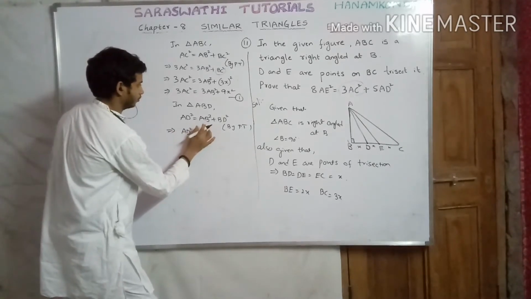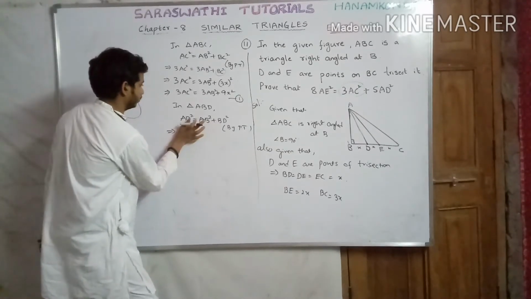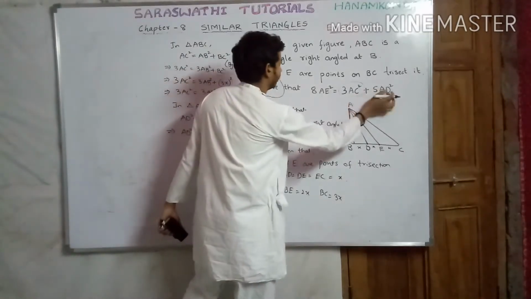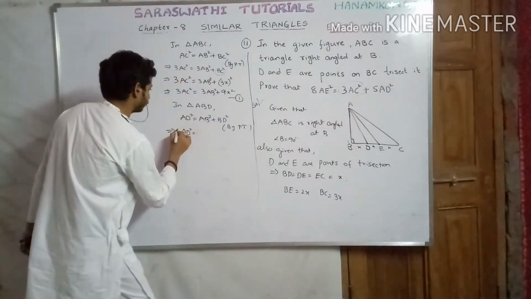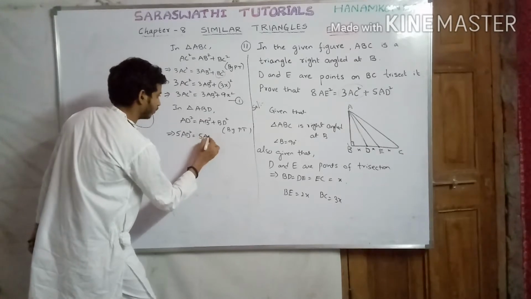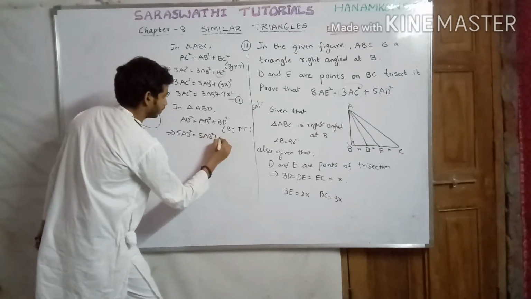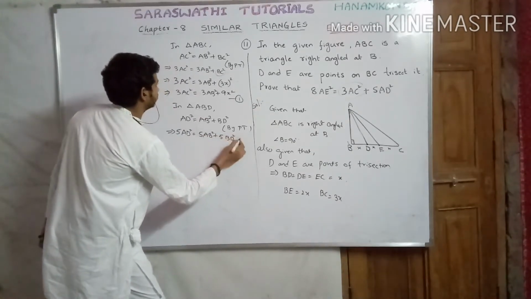So here in the RHS it is 5AD square, so multiply both sides with 5, that means 5AD square equal to 5AB square plus 5BD square.